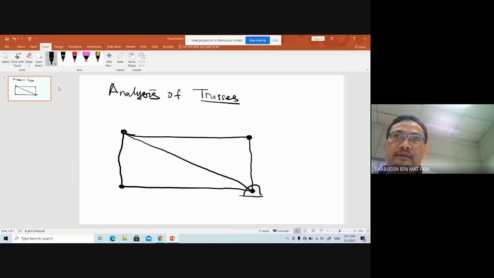Okay, that means you have one force only, and at another corner you attach that structure with a pin. Okay, and then you apply a force.